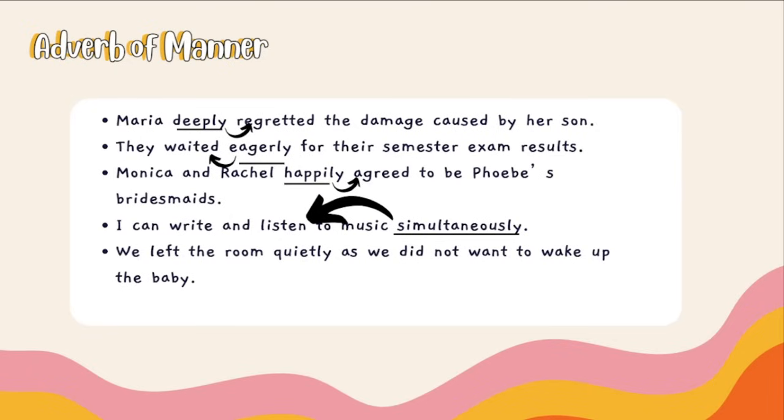Another example, we left the room quietly as we did not want to wake up the baby. Our adverb here is the word quietly. It also ends in ly, and this time our adverb modifies the word left.